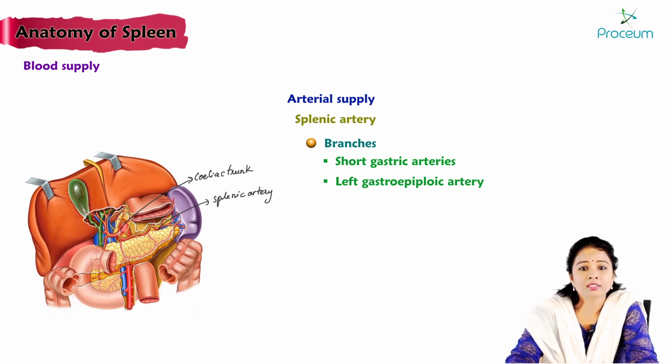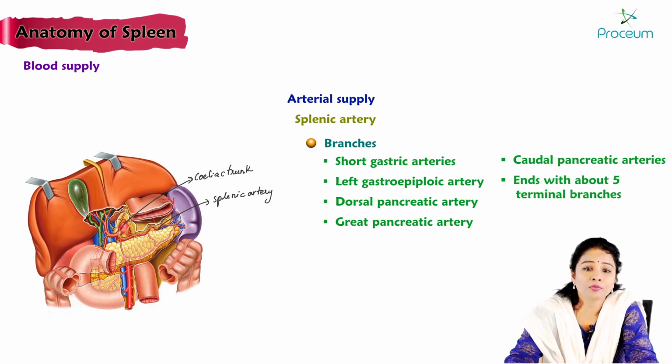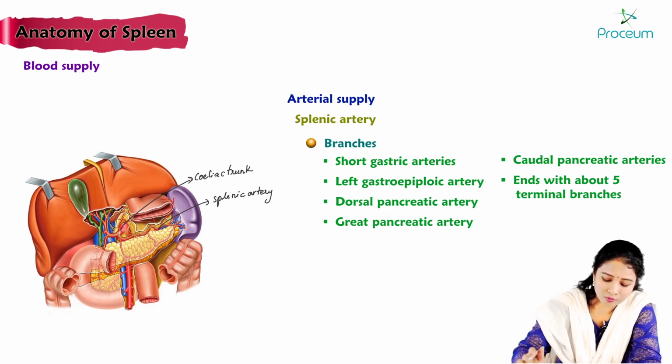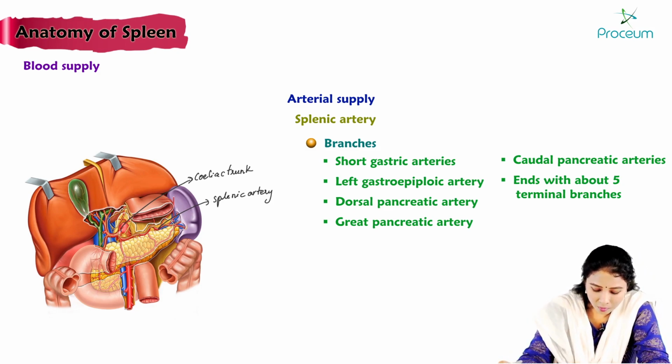And the splenic artery supplies the pancreas by means of dorsal pancreatic branch and great pancreatic branches of splenic artery. And it also gives rise to a few caudal pancreatic arteries and ends finally with about 5 terminal branches. So it finally ends with 5 terminal branches which are near the hilum of the spleen.